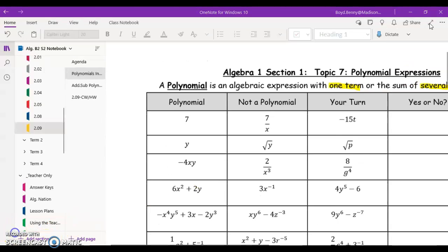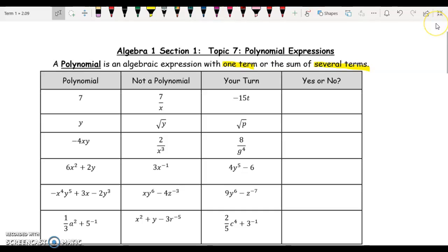Okay, guys, now that you've had a chance to answer those questions on the right-hand side, let's see what you put down. So, negative 15t, is that a polynomial? Well, yes, it is, because that is a single term, negative 15 times t. How about the square root of p?